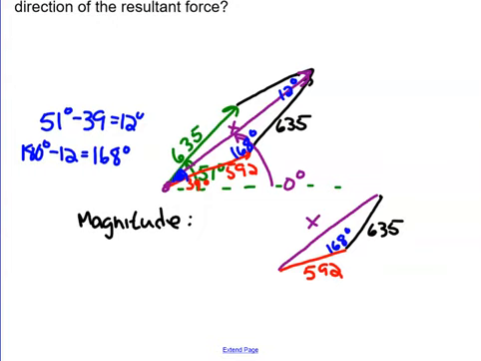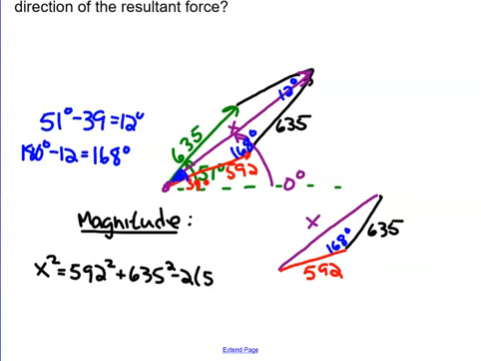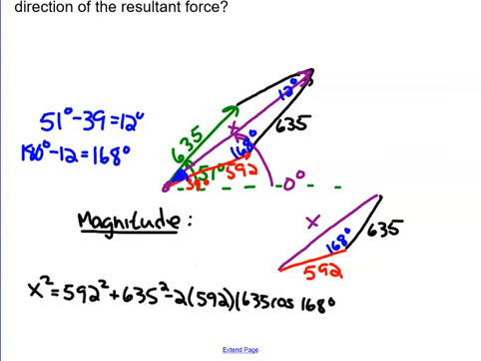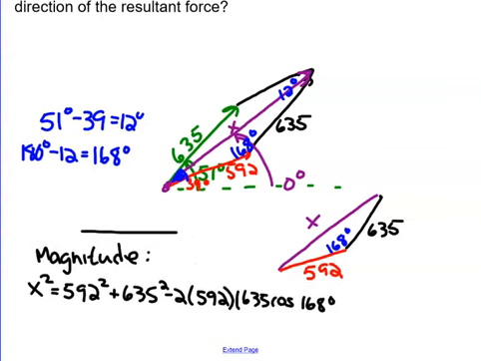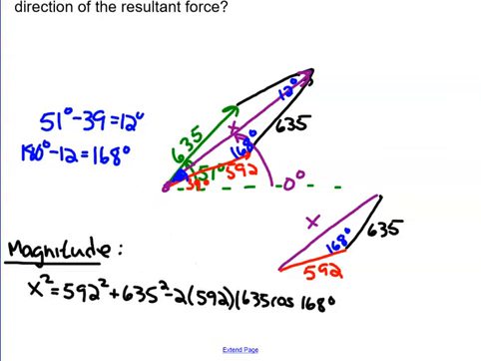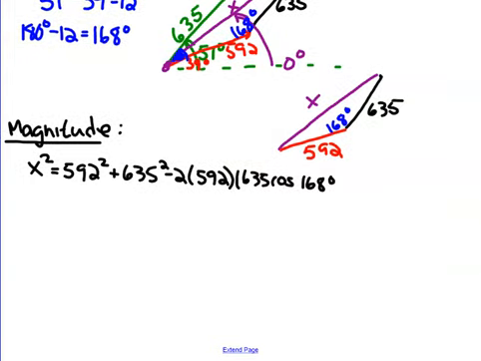And now that I have an angle in between two sides, I can find the magnitude. So I'm going to go x squared equals 592 squared plus 635 squared minus 2 times 592 times 635 times the cosine of 168. Okay? Bring this down a little bit. Okay, so we calculate that.